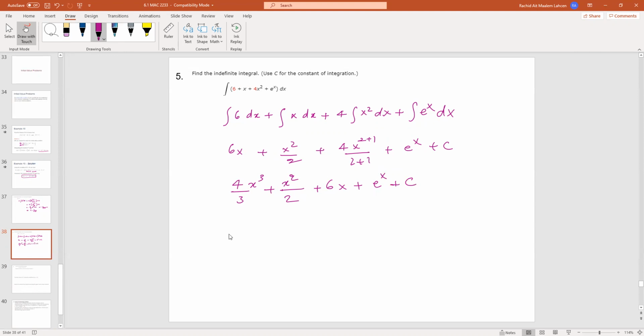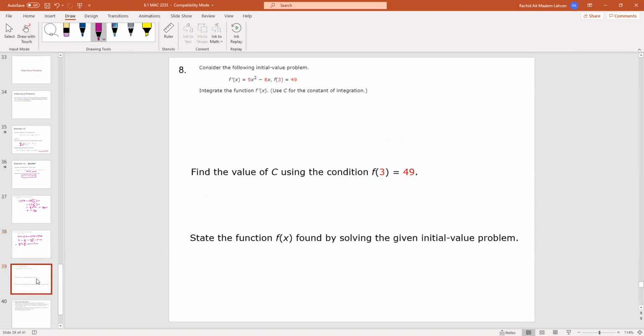All right. So let's look similarly now, just like, consider this following initial value problem. You have f prime of x, and you need to find the f of x, which is the antiderivative, and we add 1, we divide by it, and we add 1, we divide by it, and we do a c. So 3x cubed minus 4x squared plus c. Then here f of 3 is 49.